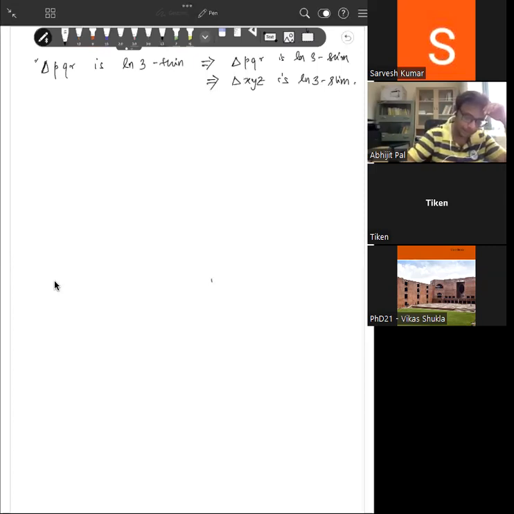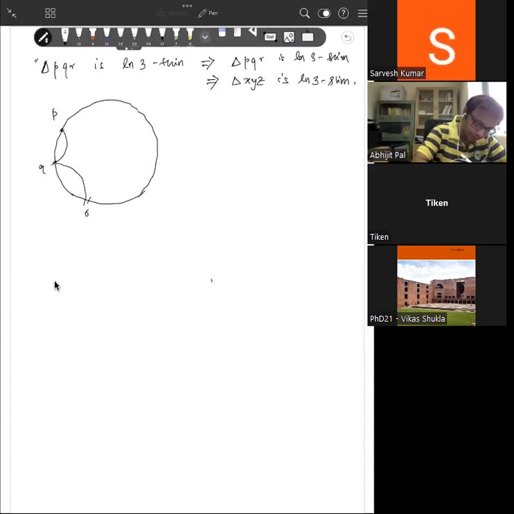Okay. Yeah. So now again, let me draw this. So this is my Poincare disk. And now we have these three points PQR on the boundary. This triangle is also called an ideal triangle. Ideal triangle means the vertices of those triangles are at infinity on the circle.